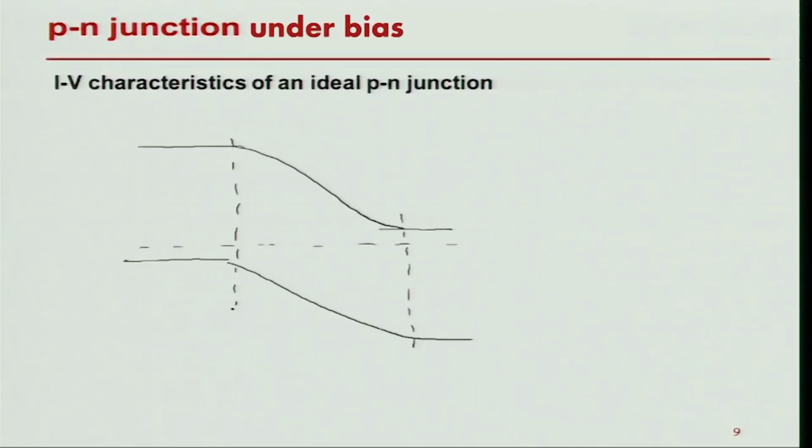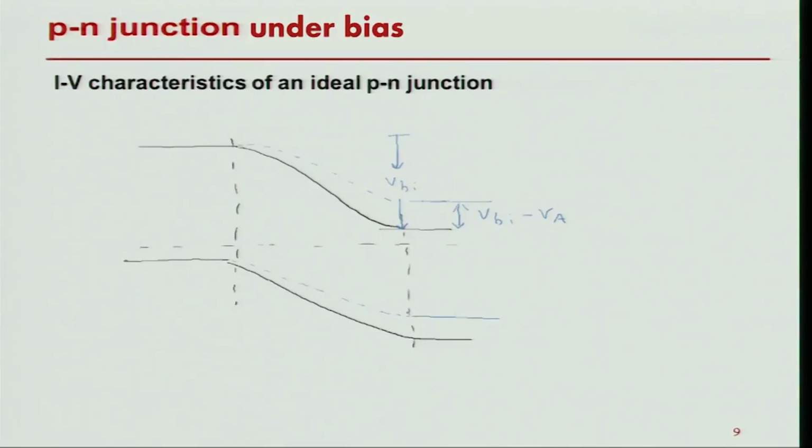Now, if we forward bias it, effectively we are saying we have changed the built-in potential, we have reduced it, which was this earlier, by the applied bias. As a result, we can now see band bending is going to be different inside the depletion region due to this forward bias.